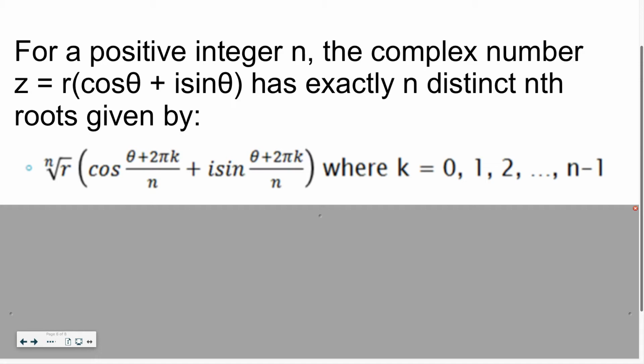This will be written on your test for you. You just have to know how to use it. Okay? Good. I think you have enough to remember with everything else.